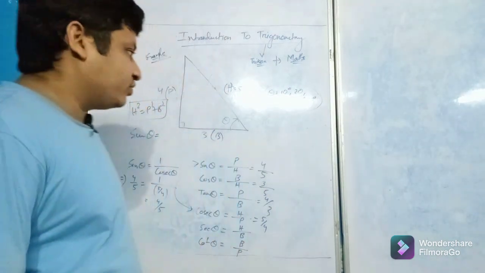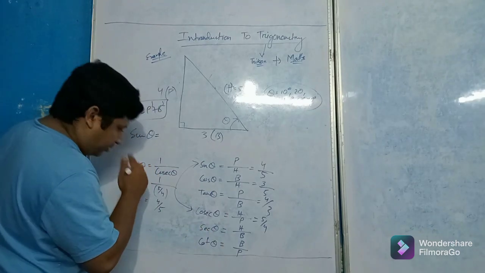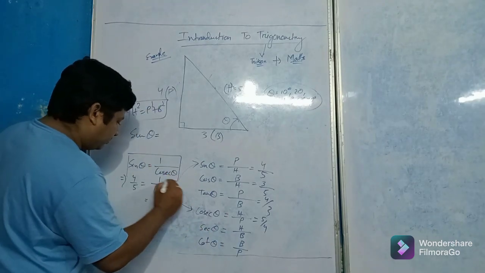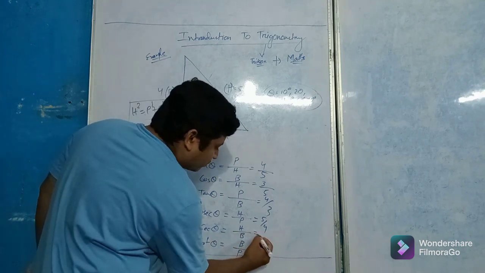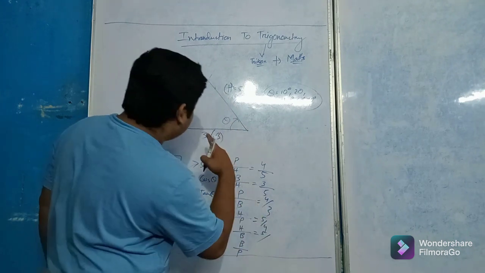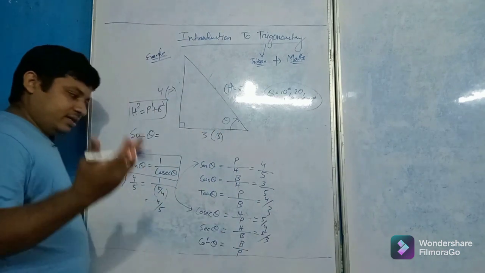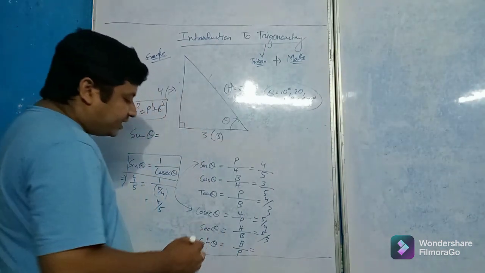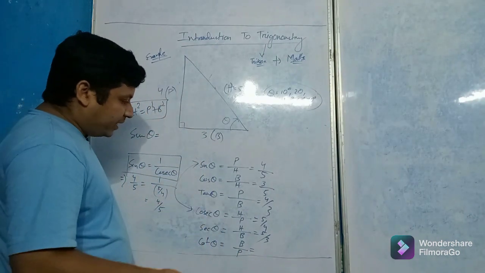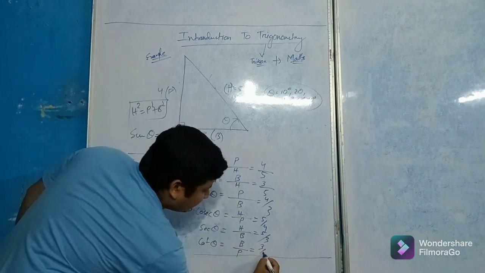Again, sec theta. Sec theta equals to h by b. H equals to how much? 5. Base equals to how much? 3. So it is 5 by 3. Next, cot theta. Cot theta is base by perpendicular. It is 3 by 4.